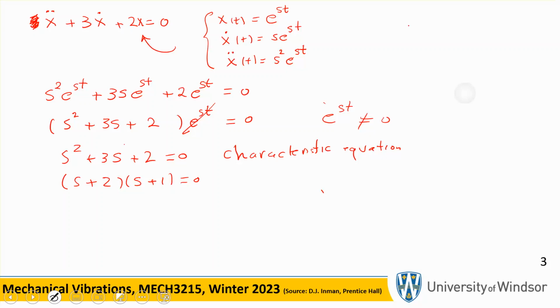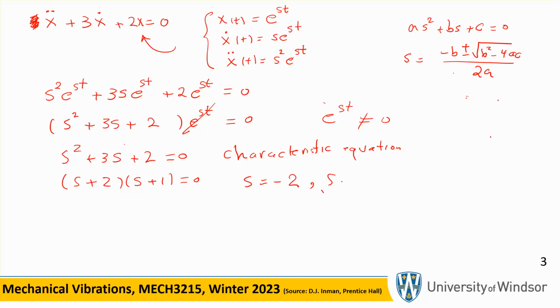If you have a s squared plus b s plus c equal to 0, the expression for s is minus b plus or minus the square root of b squared minus 4ac, over 2a. But if you can factor it, there's no need to use that, and you're going to get two values, s equal to minus 2 and s equal to minus 1.